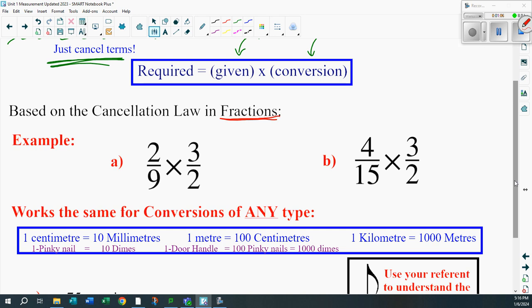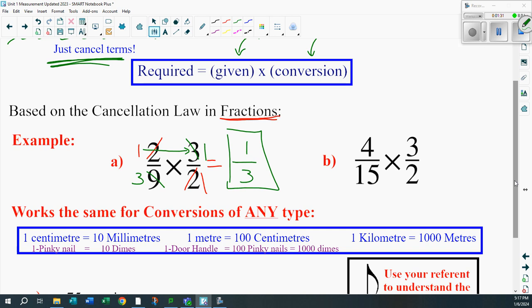Cancellation law. Yes, exactly. Take a look. For example, you know that 2 here cancels with this 2 to give you 1 and 1. But not only does that cancel, look at this. This 3 cancels to give you 1 with 9 to give you 3. So if you look, you got 1 times 1, which is 1, 3 times 1, which is 3. Sure enough, that works out to be 1/3.